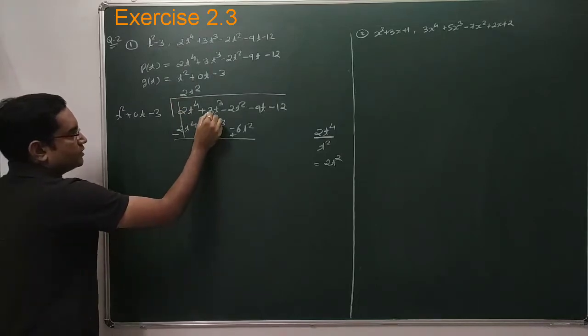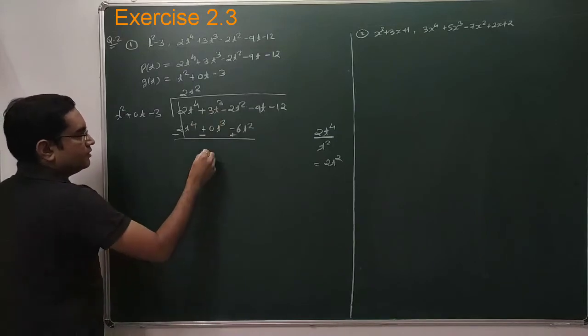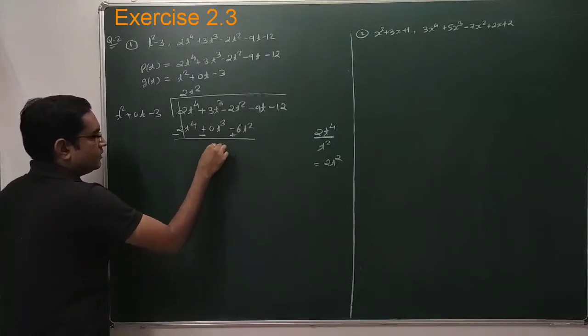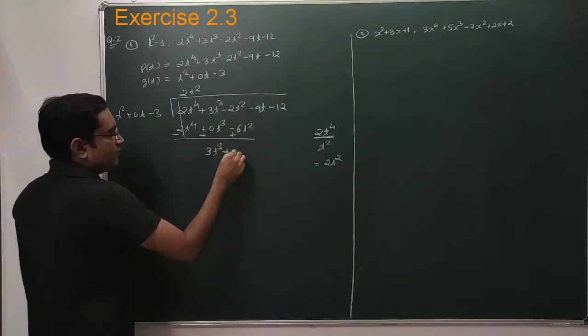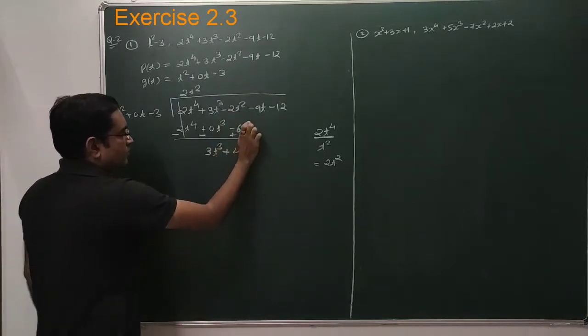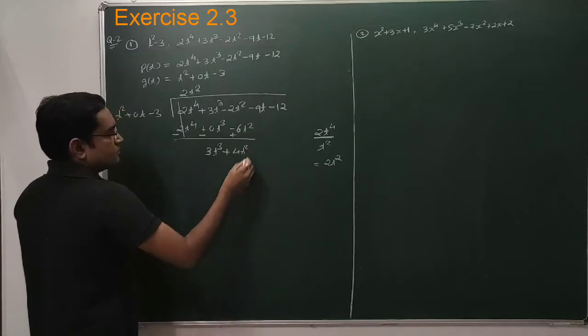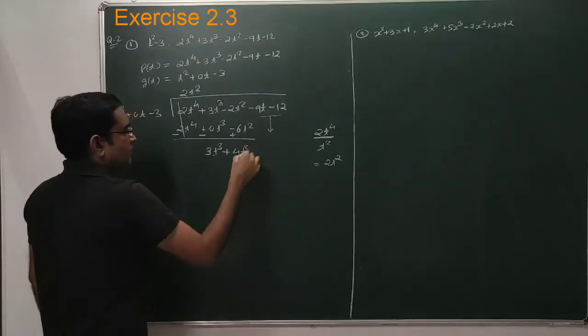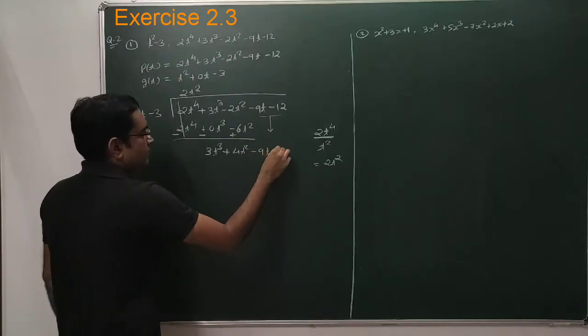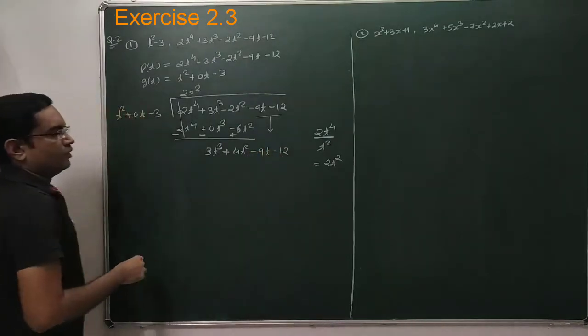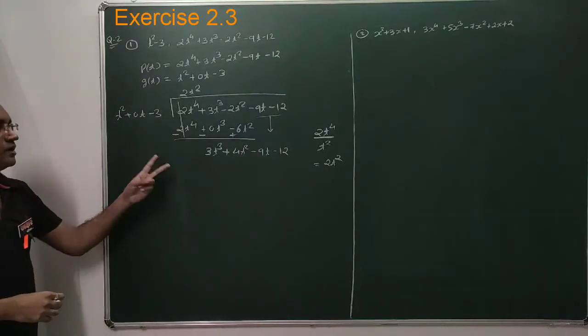This is 3t cube, and this is minus 0t cube. Then minus 2 plus 6, so it is 4t square. Take these two terms with these remaining terms, minus 9t minus 12. This is the first step of long division.